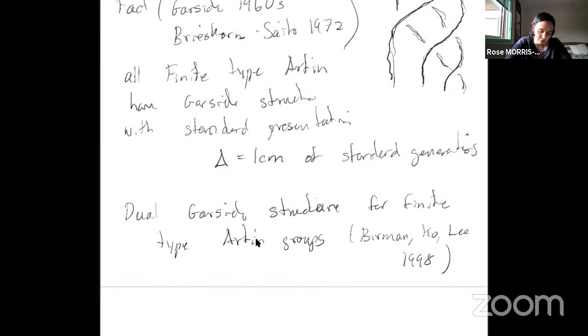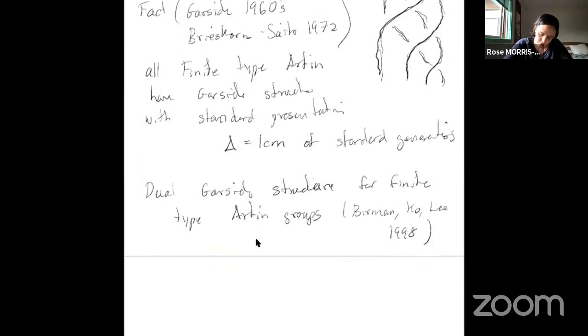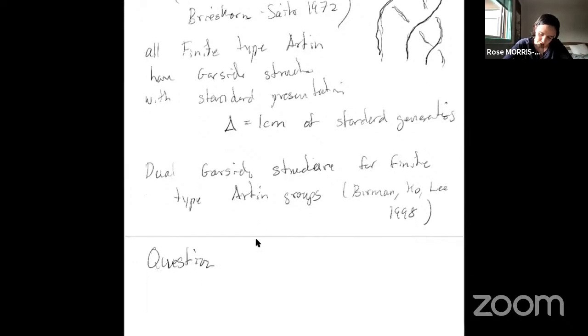And so one of the big questions is, let's call this question: the standard presentation doesn't give a Garside structure outside of finite type.